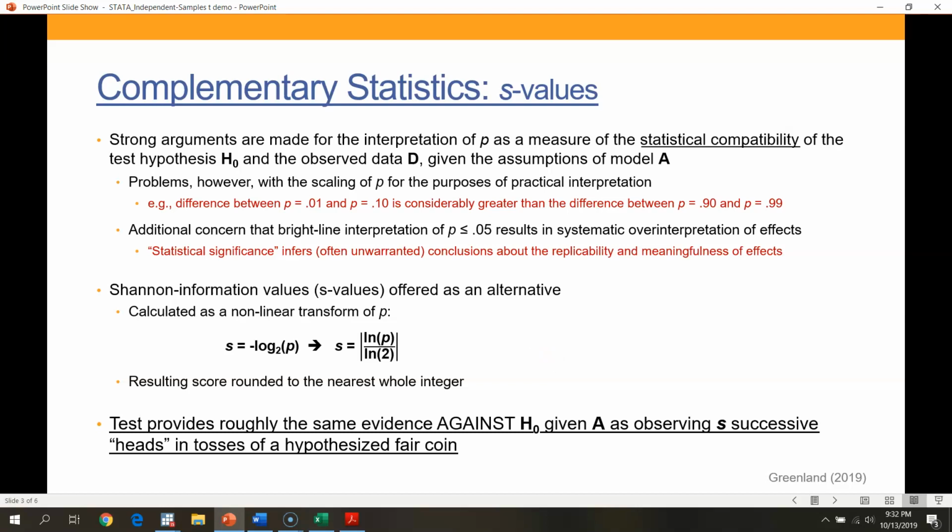Again, your S value conceptualizes observing that number of successive heads in tosses of a hypothesized fair coin. If our S value is really high, we would think that coin probably isn't a fair coin if I flip 50 heads all in a row, right? So we're going to calculate our S value here.